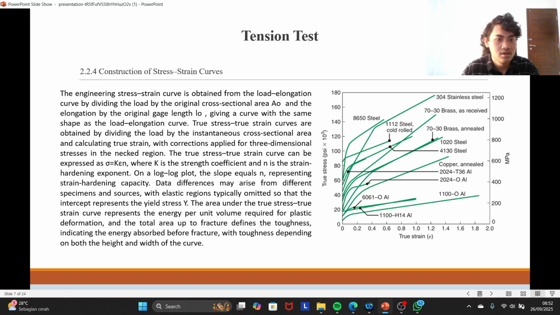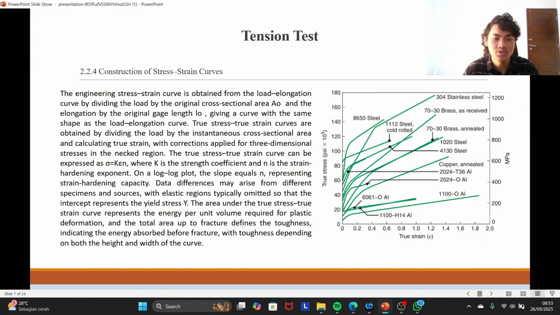And then next slide is construction of the stress-strain curve. The engineering stress-strain curve is obtained from the load-elongation curve by dividing the load by the original cross-sectional area A0 and the elongation by the original gauge length L0, giving a curve with the same shape as the load-elongation curve.